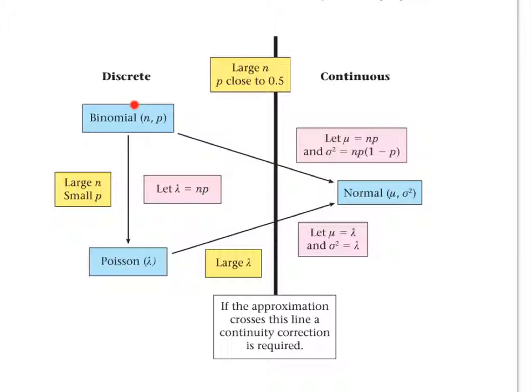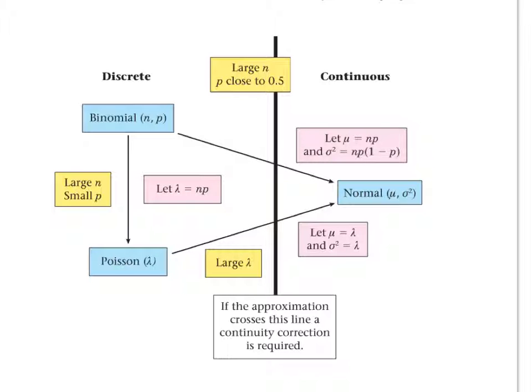To go from binomial to Poisson, large n, small p, and let lambda equal np. From binomial to normal, we looked at that last time, where we have mu equal to np and sigma squared equal to np(1 minus p).